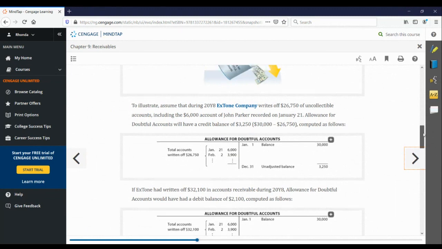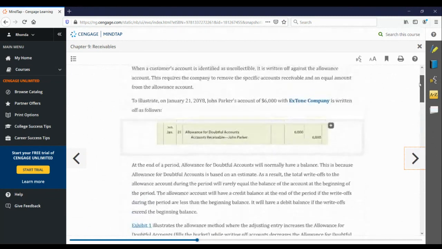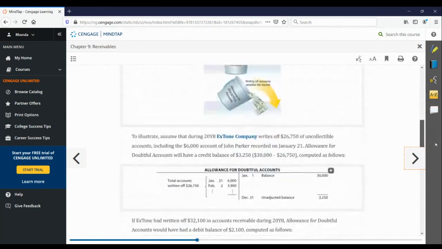Now you'll remember that we wrote off John Parker's account for $6,000. Notice we debited the allowance for doubtful accounts for $6,000. So right here on January 21st, we had a debit to the allowance for doubtful accounts for $6,000 from that customer that we wrote off.